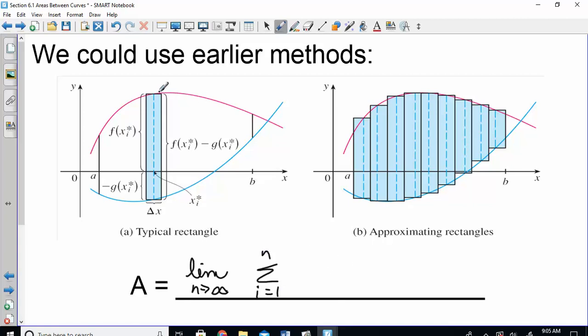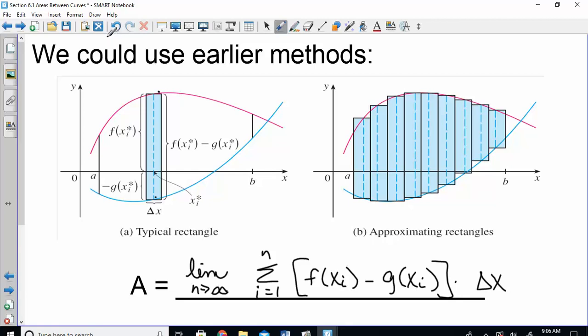And to get the area between them, you'd have to do the top one minus the bottom one, times the width of the rectangles, because the area is just length times width. But really, this is just the definition of an integral.